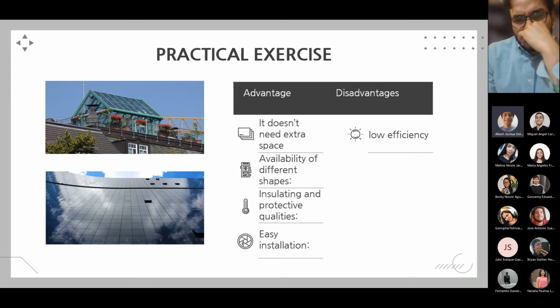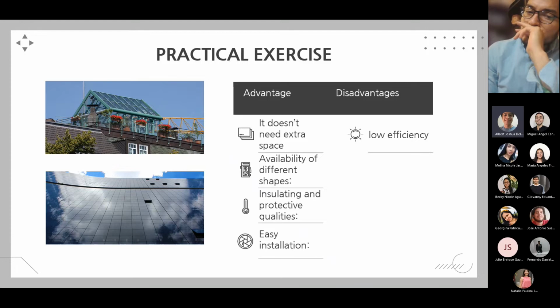Insulating and protective qualities: by absorbing ultraviolet and infrared rays, the glass acquires insulating and protective qualities for the space, helps keep rooms cool or converts sunlight into heat, and reduces the need for external sources. It is also easy to install. They can be installed in a wide variety of places, including windows, arcade cards, phones, tablets, and more.